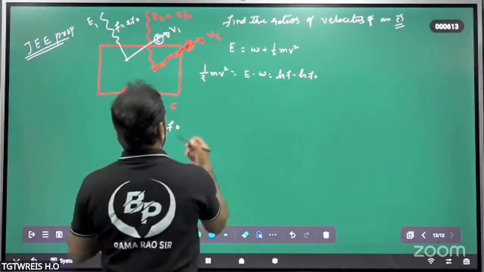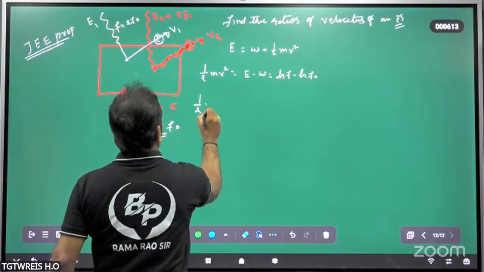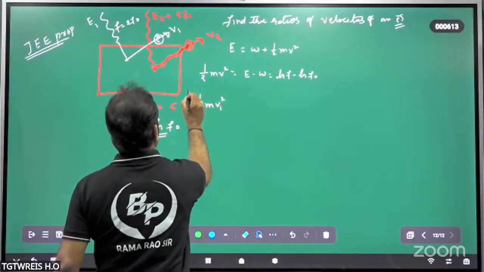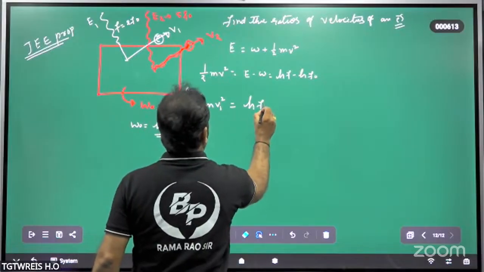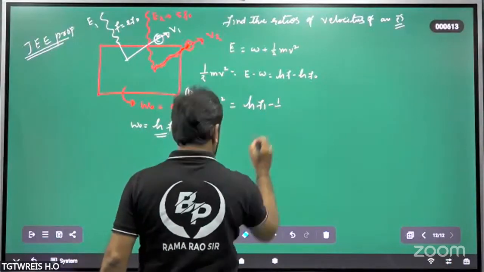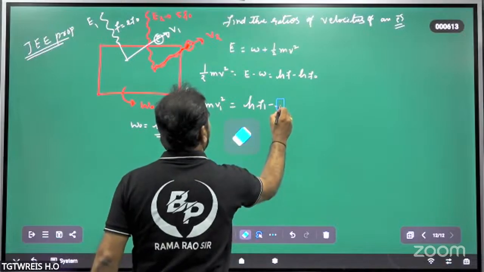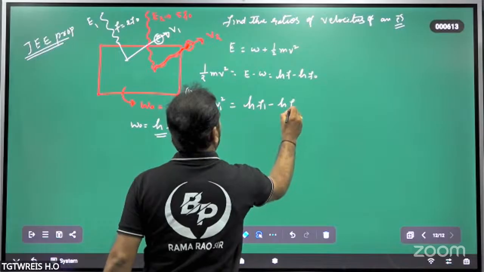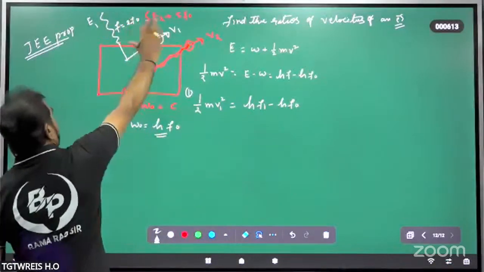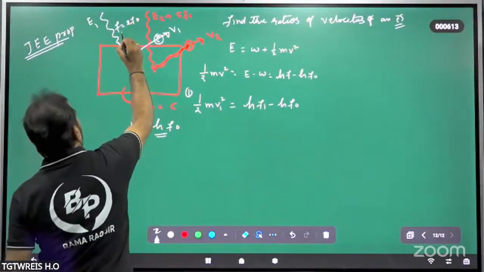In the first case, half m v1 square is equal to hf1 minus hf naught. But in the first case, what was given? f1 is equal to 2f naught.